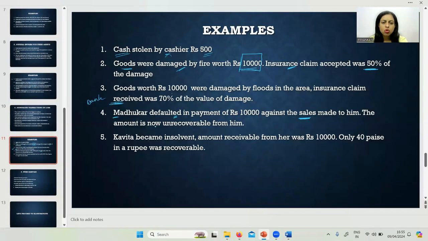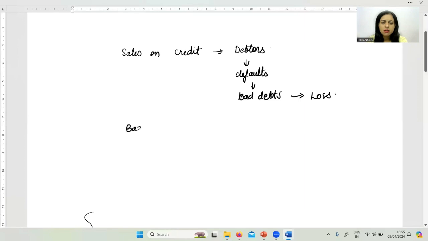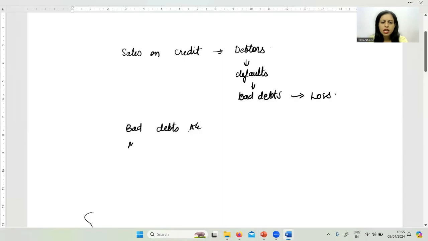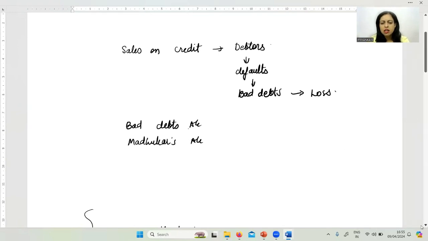So here I have two accounts. One is bad debts and the other is the account of the person whose amount is now unrecoverable, Madhukar's account. Now what question may come to your mind is, why am I not writing the sales account?